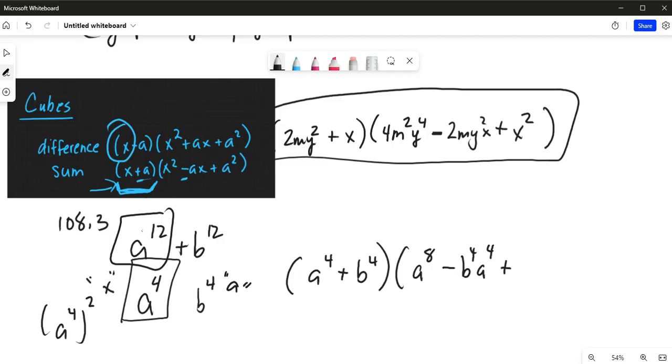And then plus the a term squared, excuse me, so that's going to be b to the 8th. I was looking at the wrong thing. Okay, does that make sense? Go ahead and try the practice problem, and I'll put it up on the board.